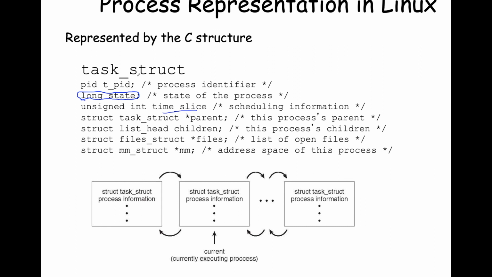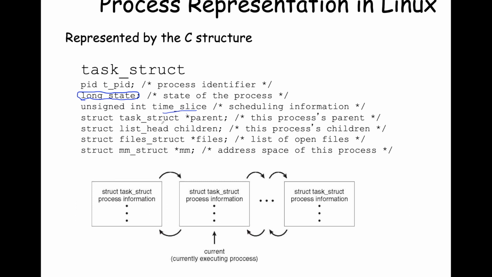So this task struct for a particular process, it is a node in a linked list implementing a list of processes. And this particular list, this pointer, refers back to the parent process. A parent process is a process that starts another process.